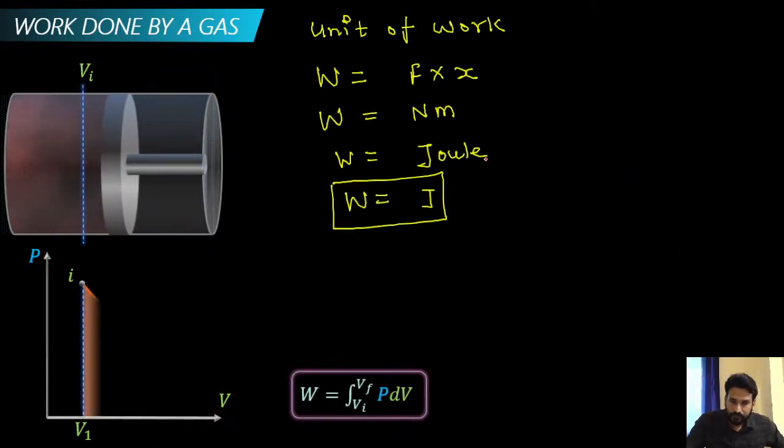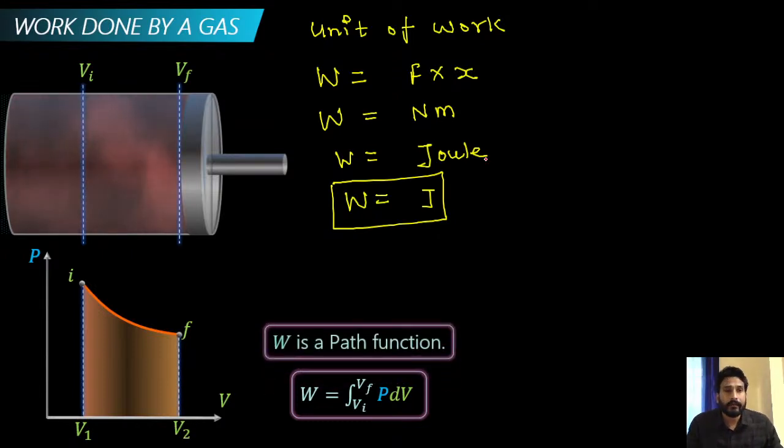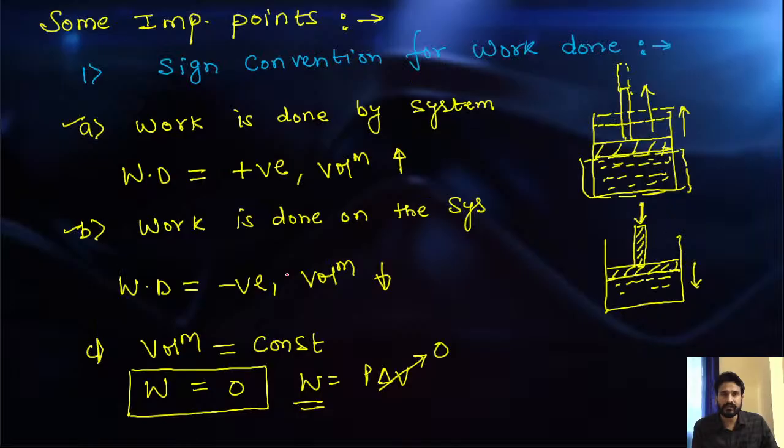So this is basically the work done by the gas, right? And as you can see, this is the path we are following. So my work done is a path function. We already talked about it.